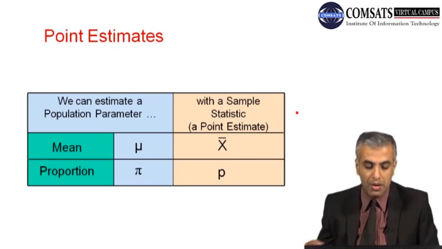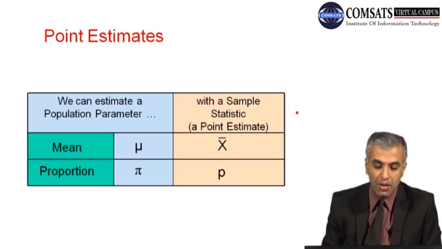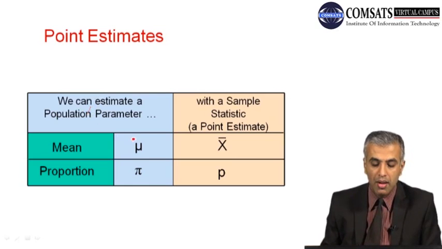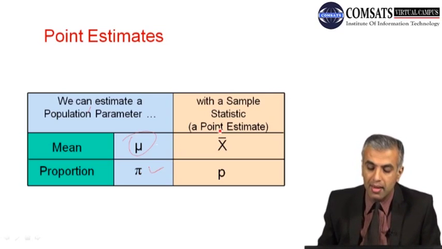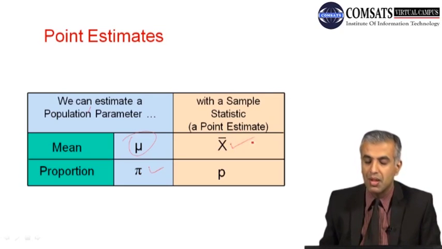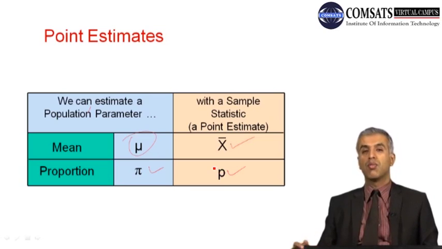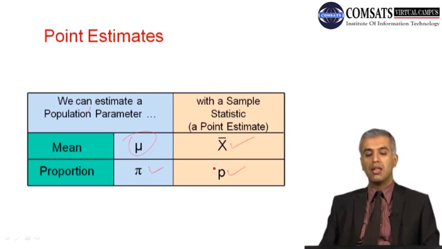That is, for population mean we have the notation mu, and for proportion this is pi, and then we have the sample statistic, which is represented by x bar, and the sample proportion by p. So these are the various notations which we give for these point estimates in confidence interval estimation.